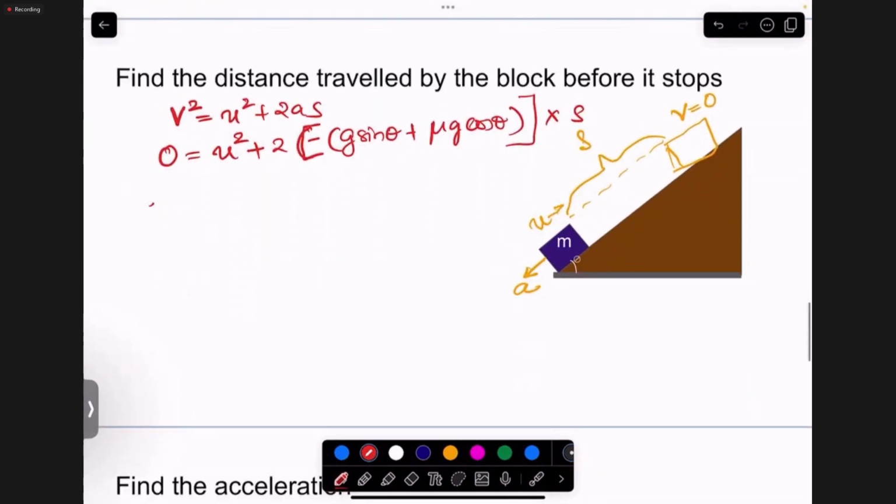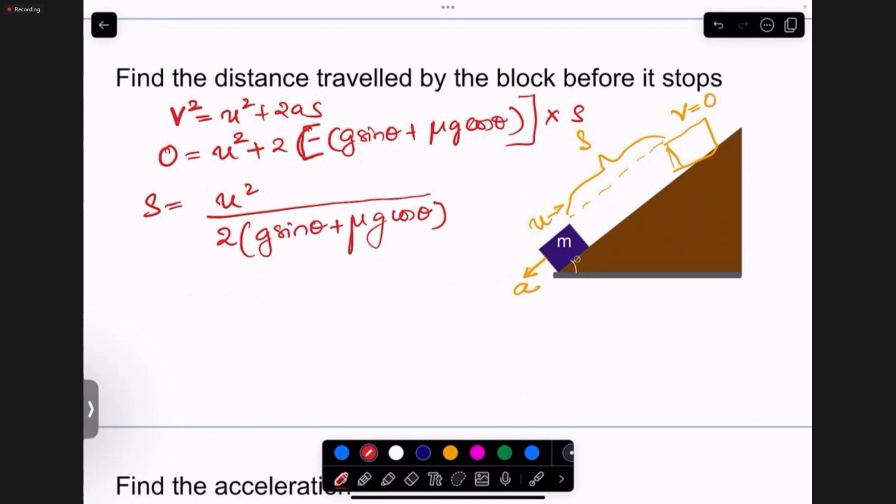So s equals u square by 2 (g sin theta plus mu g cos theta). This will be the distance traveled by the block before it comes to rest.